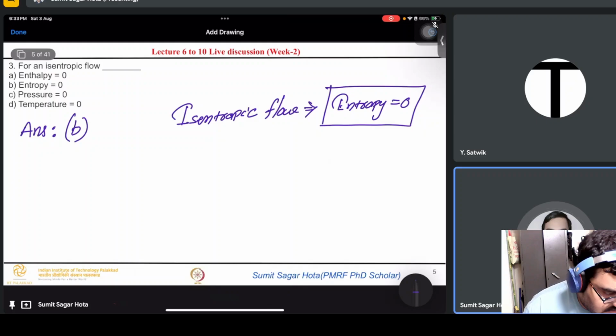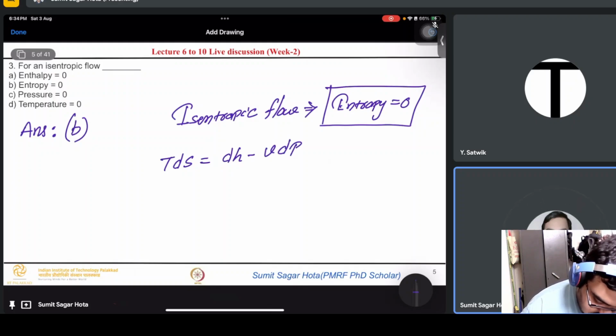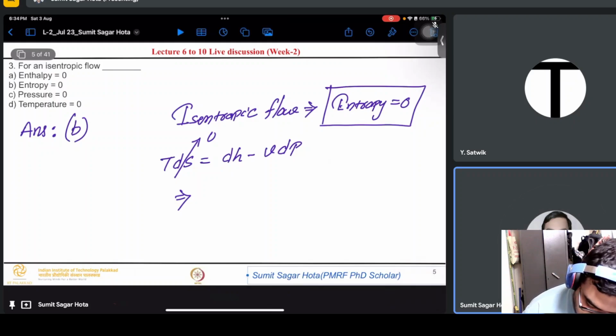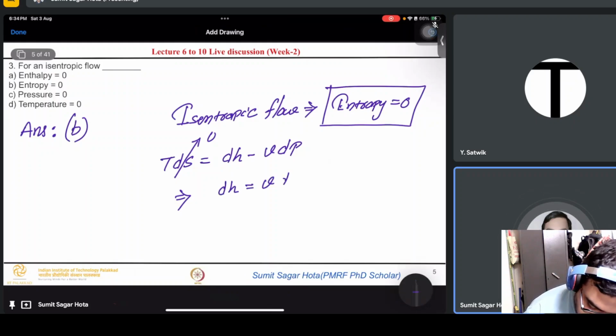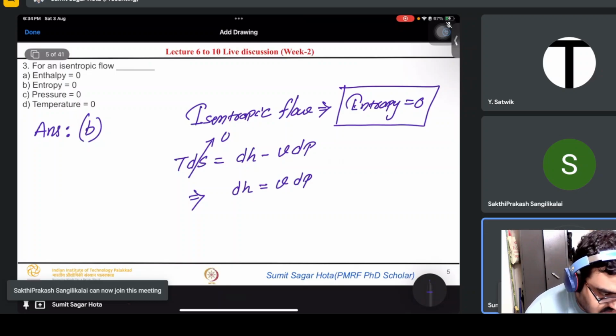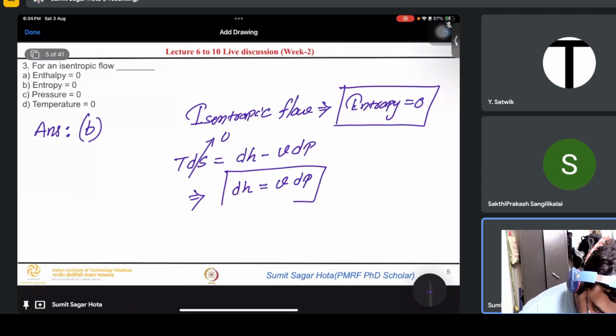If somebody asks you how you can prove it, just apply the Bernoulli's equation. If your entropy is constant, that means the change in entropy is also 0, so ds equal to 0. Then you get dH is equal to VdP. So this is the equation for the isentropic flow.